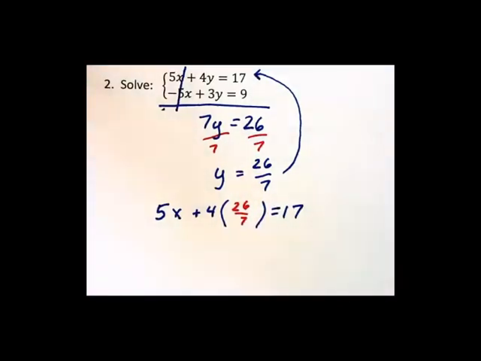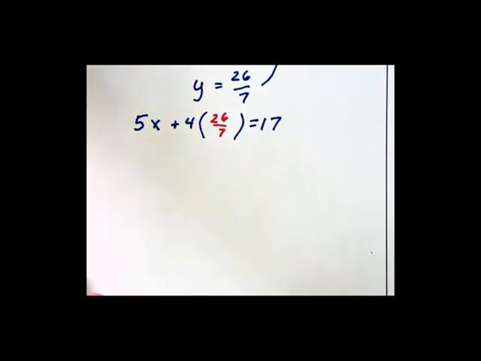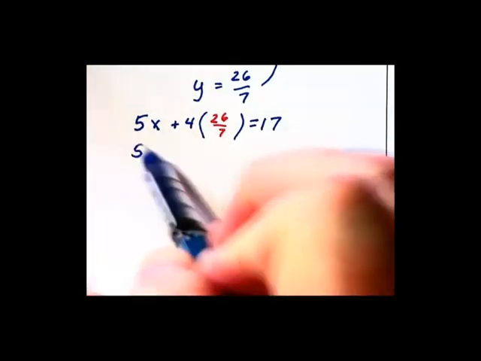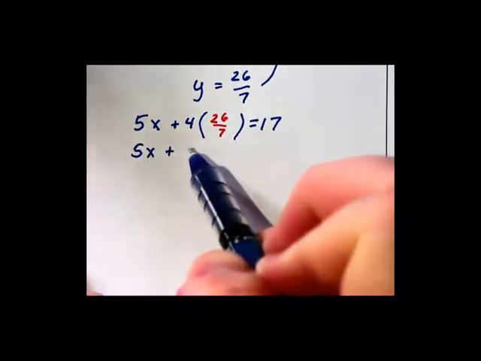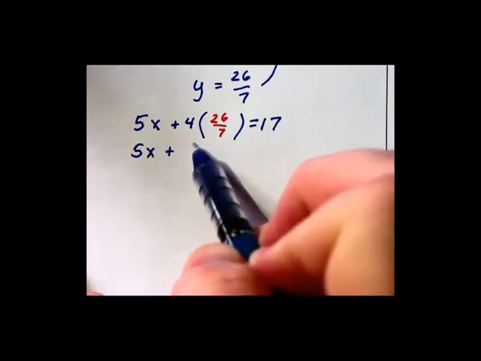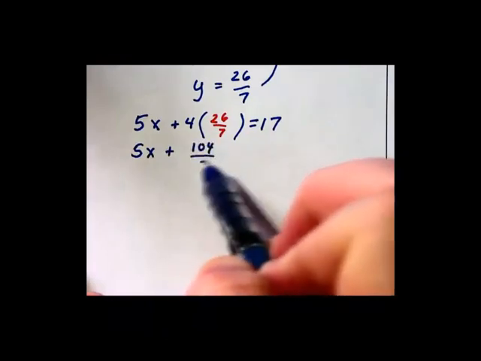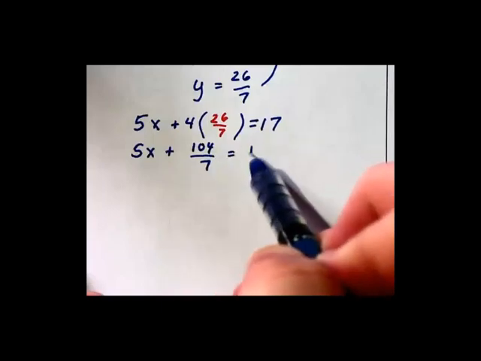And apparently we're just going to have to play around with these fractions here. We're going to have 5x plus, that becomes 104 over 7 equals 17.